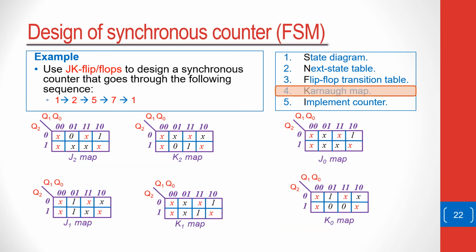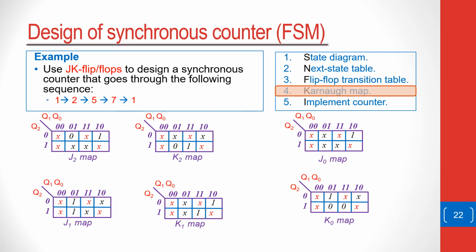So now that we have our transition tables, sorry, K-map completed, we now move on to creating the input equations that will give us the combinational circuit.